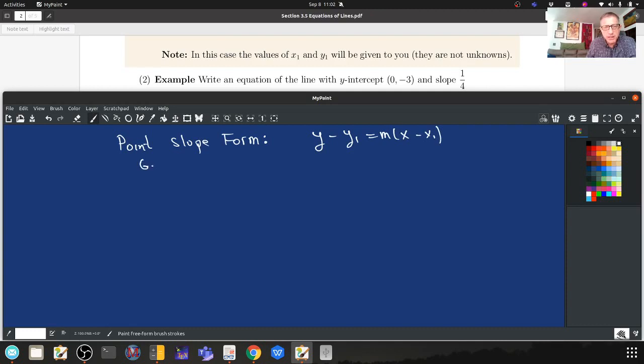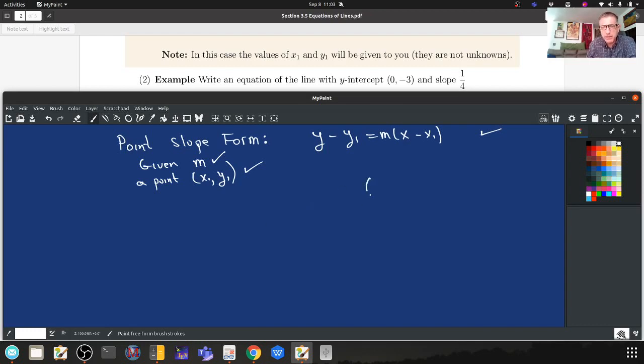So you are given the slope m and a point x1, y1. Whenever you're given those two pieces of information, the slope and a point, then you can immediately use this formula, the point-slope form, to write an equation for the line. And that's exactly what we're given here.